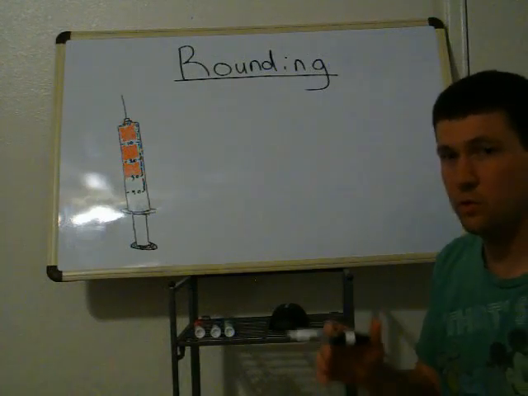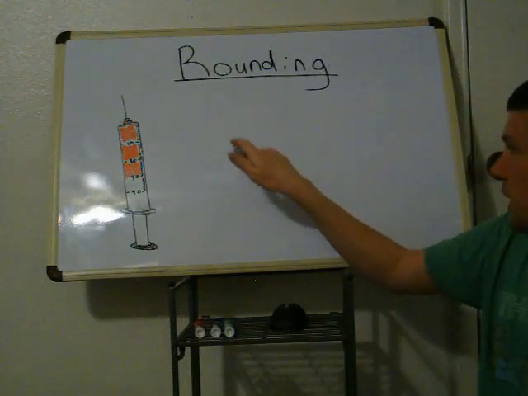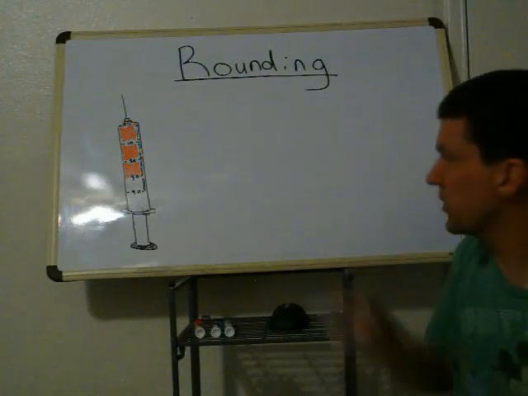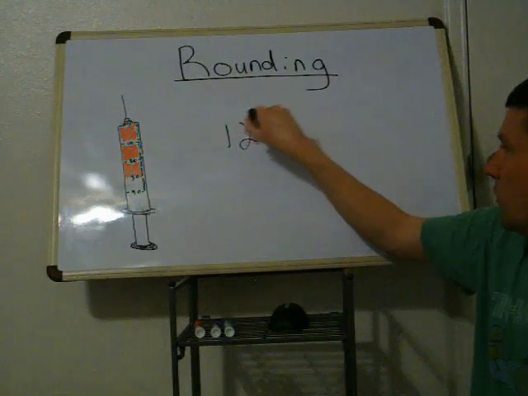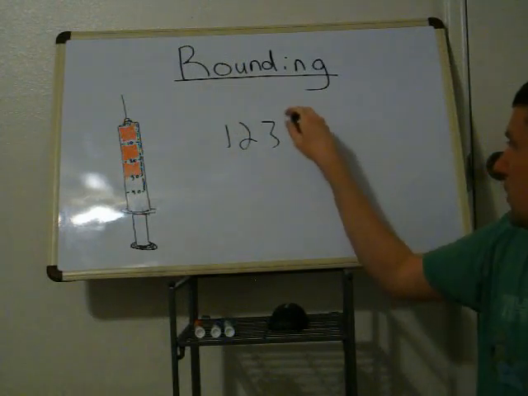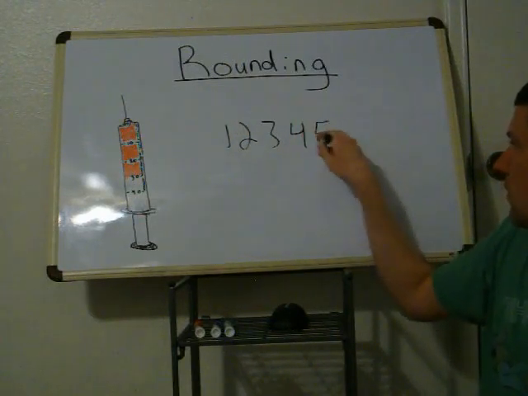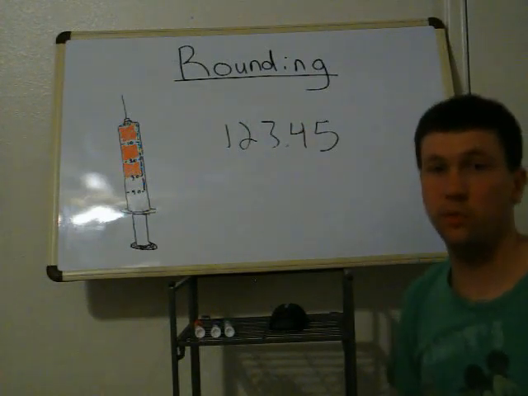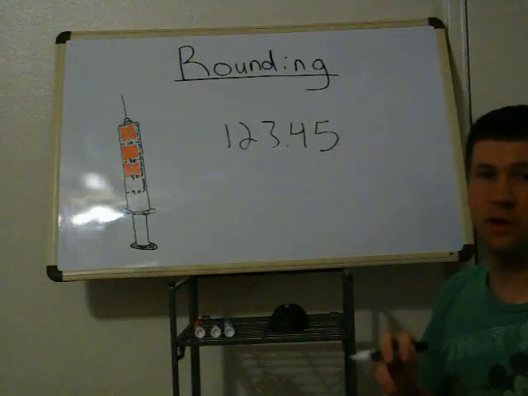And in order to do the rounding, we take a certain place. So let's just come up with a number. So let's just say 123.445, or 123 and 45 hundredths.